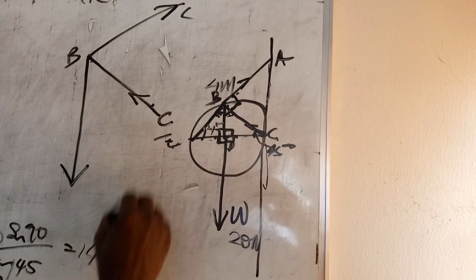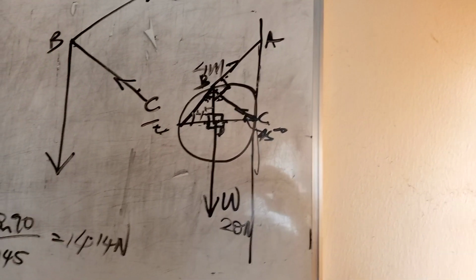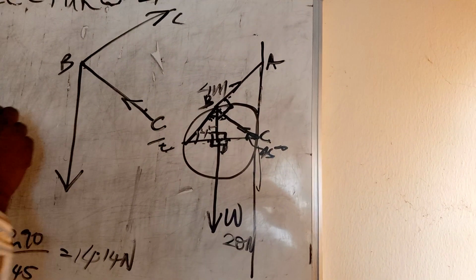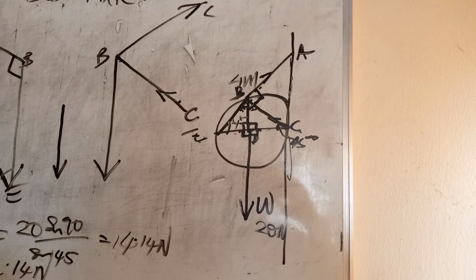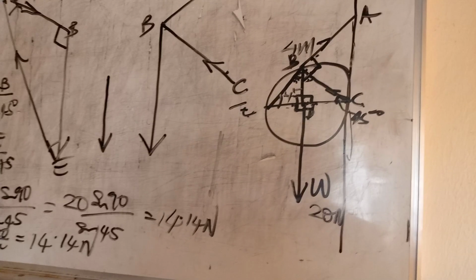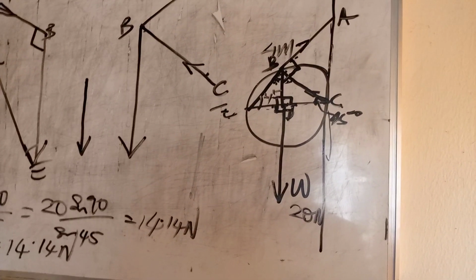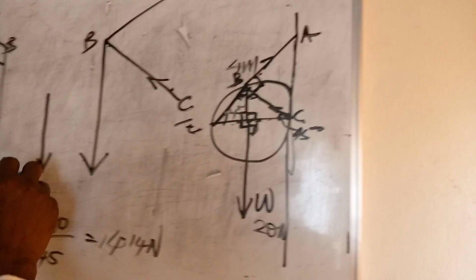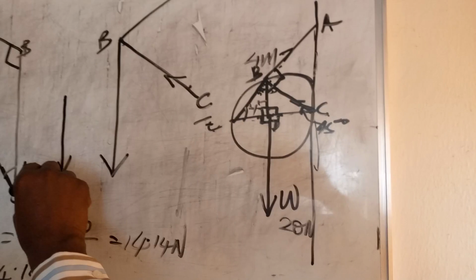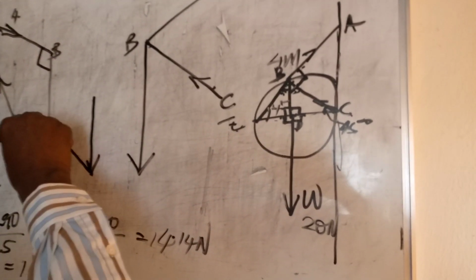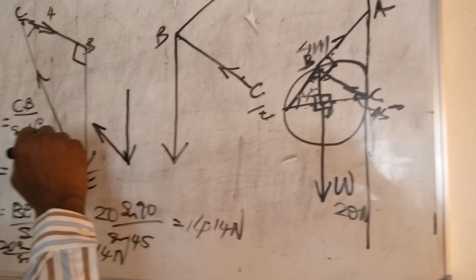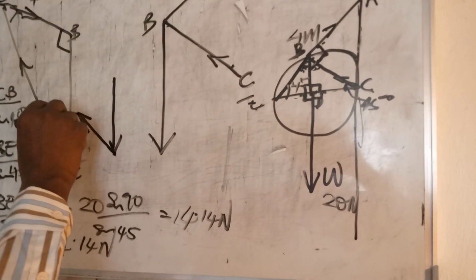The weight of the ball is vertically down. Then the reaction from the wall is horizontal, and the tension in the string is inclined.